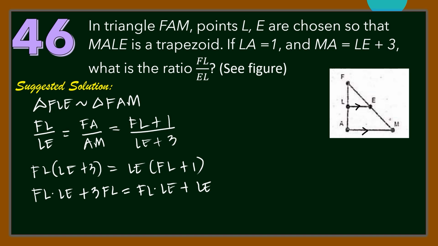Subtracting the product FL times LE from both sides of the resulting equation, we'll have 3FL is equal to LE. Then from here, we have FL over LE is equal to 1 over 3.